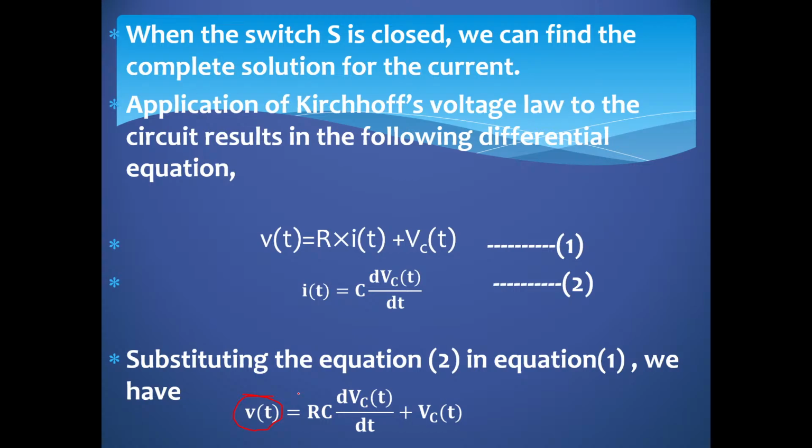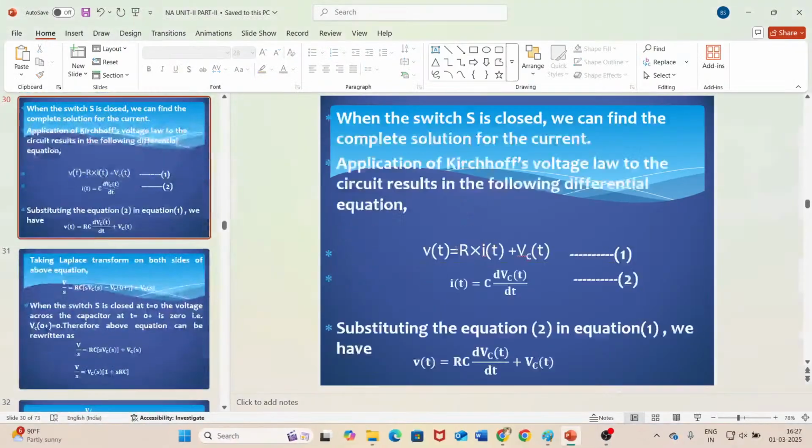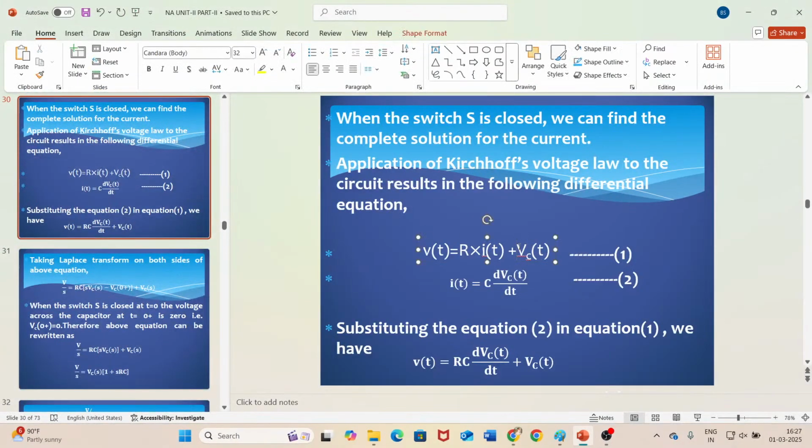What is the Laplace of Vc of t? Laplace of Vc of t is Vc of S. Similarly, I might have written small v here. I already told you that in the time domain, the terms must be written in small letters.